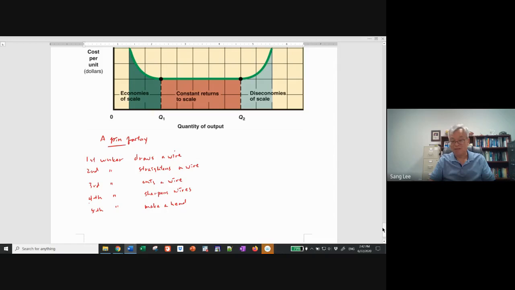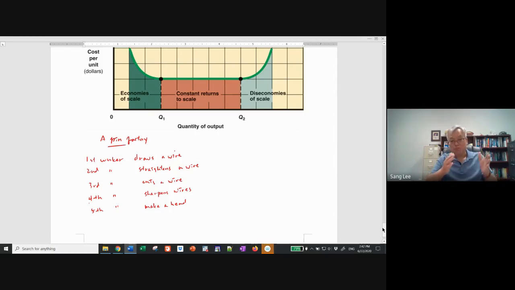Okay. So this economy of scale is achieved through a kind of specialization. And as we say, practice makes perfect. So through specialization, we can produce more output for a given amount of time and money.